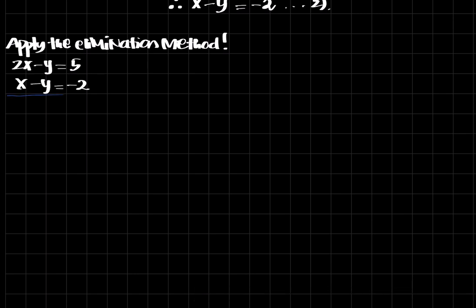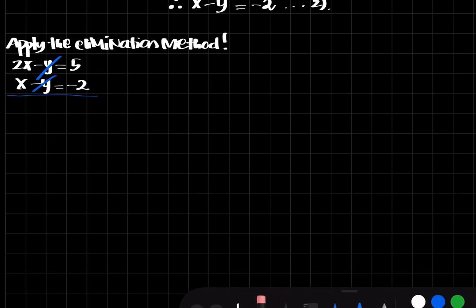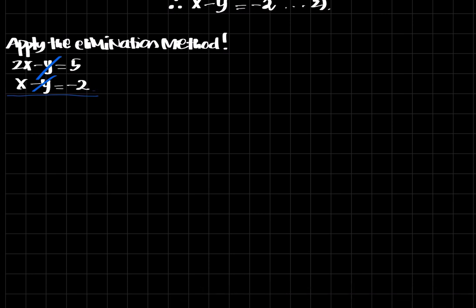So we can use a math operation. Not add them, but we have to subtract them. So 2x minus x equals, because minus y minus y means minus y plus y.